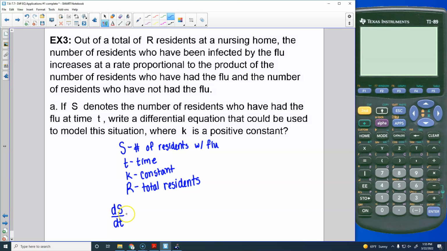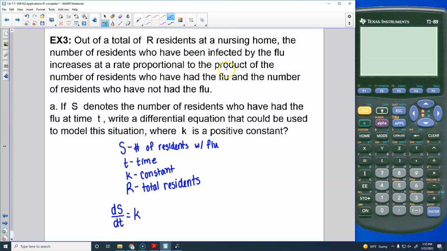So that dS/dt, if we go up here, it says the number of residents who have been infected by the flu increases at a rate proportional to the product of the number of residents who have had the flu and the number of residents who have not had the flu. So our number with the flu is increasing at a rate. That's our dS/dt. And then it says a rate proportional. What's that tell us we need to put? The K. That's our constant of proportionality.